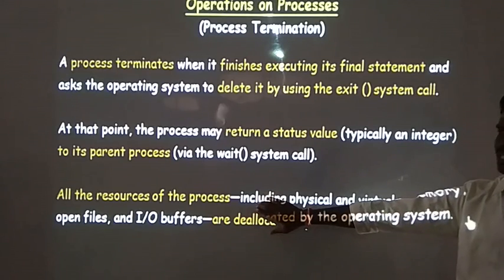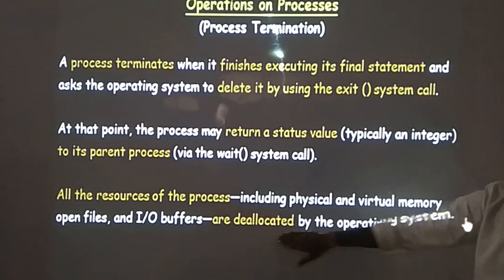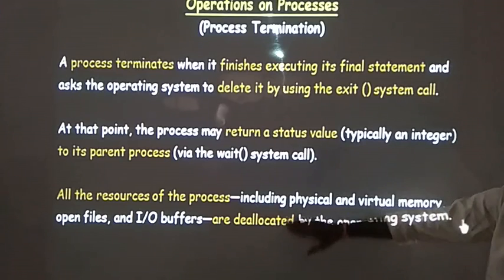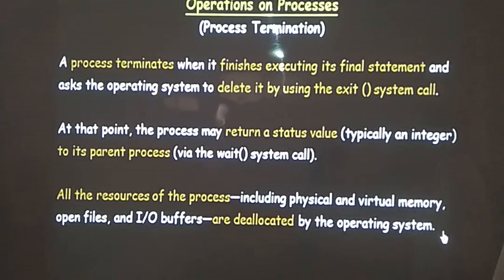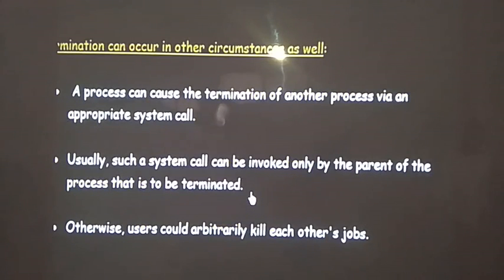When we release them, freeing or deallocating them from the previous process, only then can we assign them to the next processes. So we free our resources and deallocate the resources that were assigned to the process.